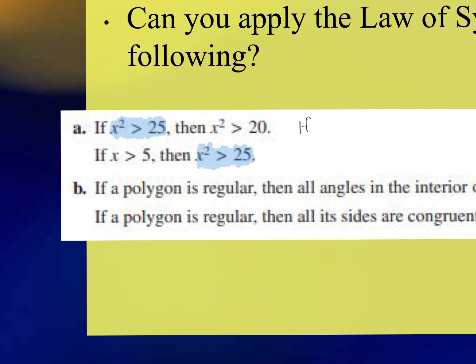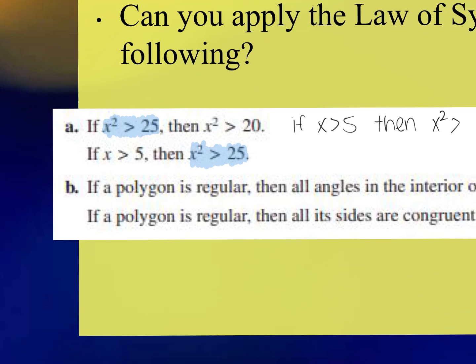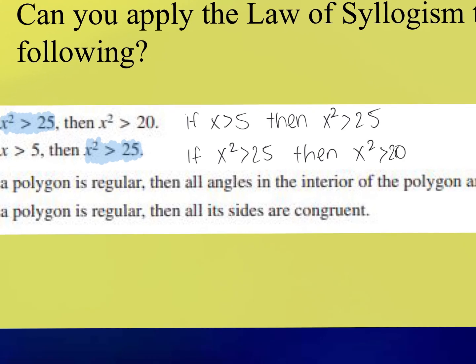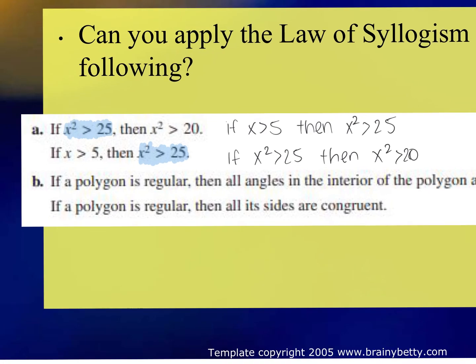So if x is greater than 5, then x squared is greater than 25. And then it says if x squared is greater than 25, then x squared is greater than 20. Highlight the repeated portion again. That's our cue.